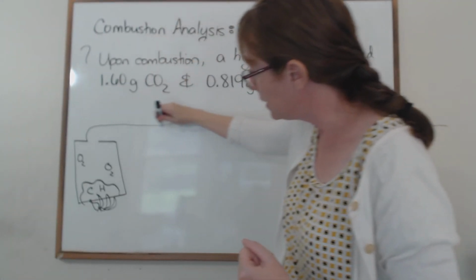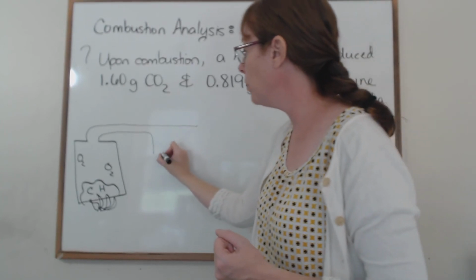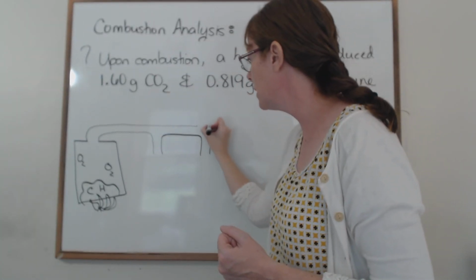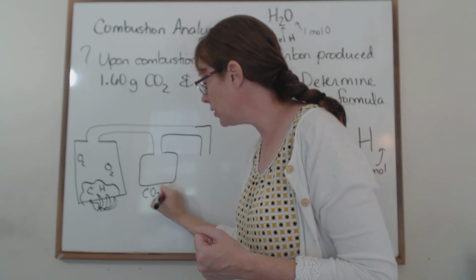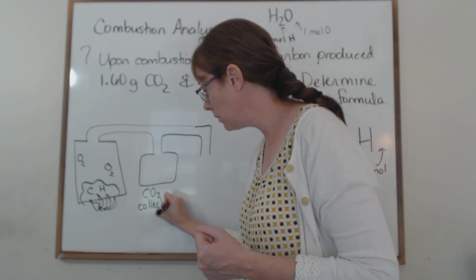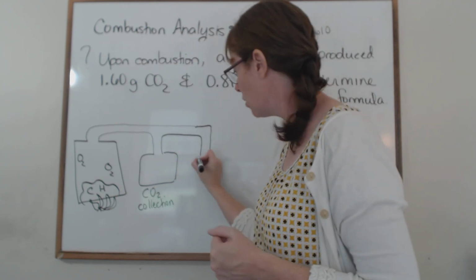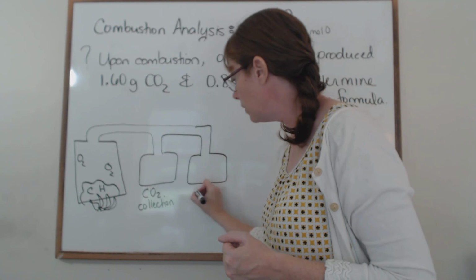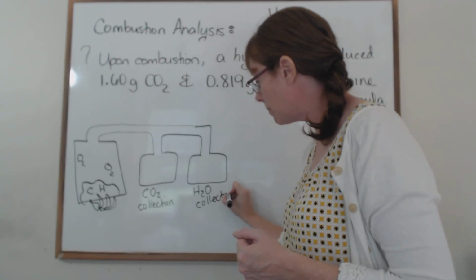Those are gases. They will be allowed to leave, and one will be collected in one place. I don't know if it matters which one is which, but this one will collect your CO2. It's probably got some kind of a compound in there that collects it or absorbs it. And this one will collect H2O. So that's really what happens with combustion analysis.